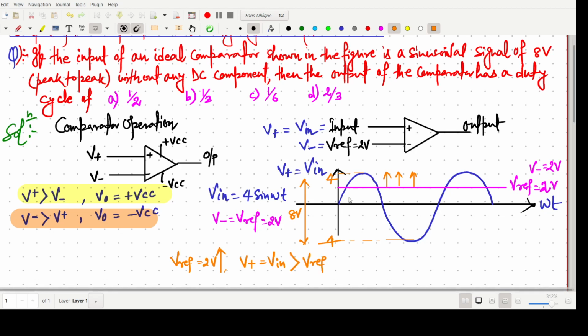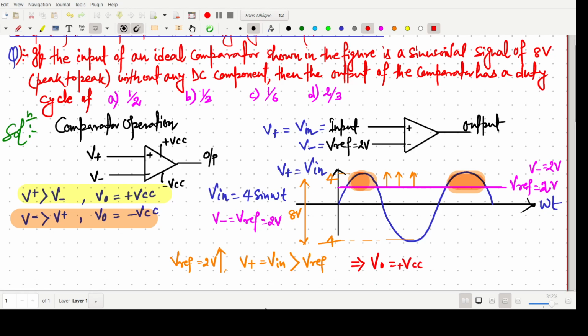That means in this portion above this line it is positive. So the output value we can directly write for this case, V naught equals plus VCC.